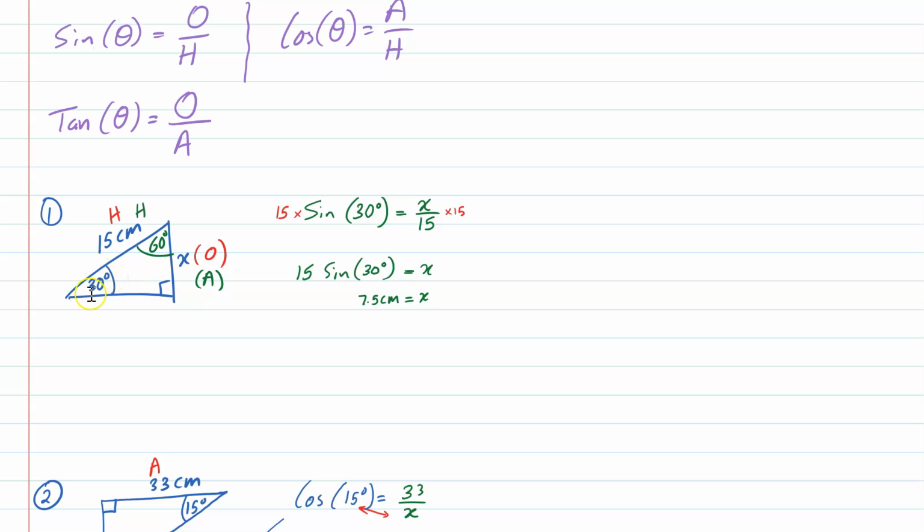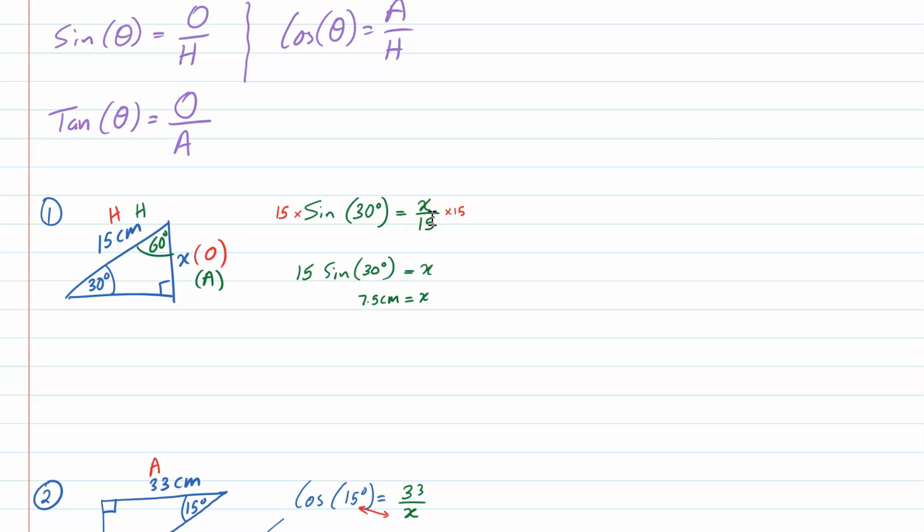I'm going to write down sine 30 is the ratio between opposite and hypotenuse. Opposite is x, which is the unknown length, and the hypotenuse in this case is 15 centimeters. So sine 30 is equal to x on 15. How to find x?